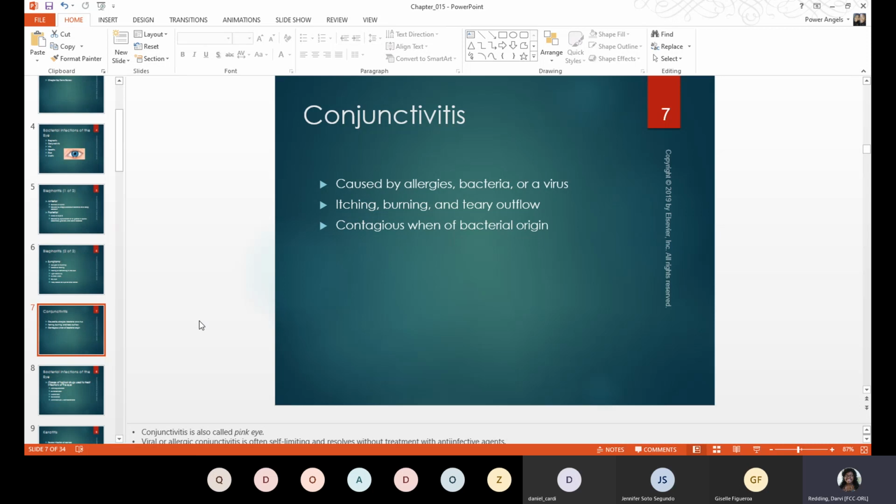Some of the symptoms that a person might experience when they have conjunctivitis would include itching, burning, and teary outflow. It's also contagious when it's of bacterial origin. So that's why people who have conjunctivitis are always encouraged to continuously wash their hands and not touch their eyes. I always share with people, if your eye is itching, try not to touch it with your hands.